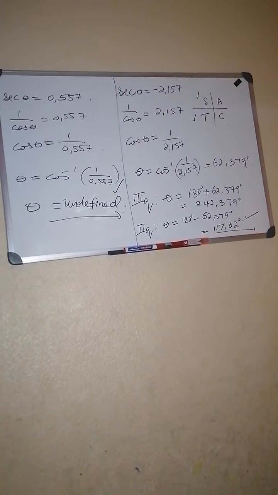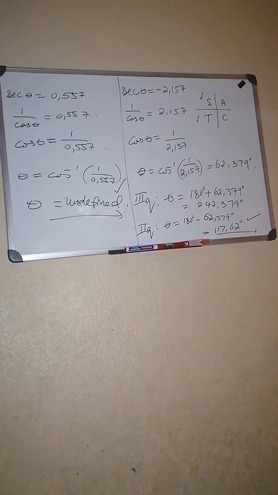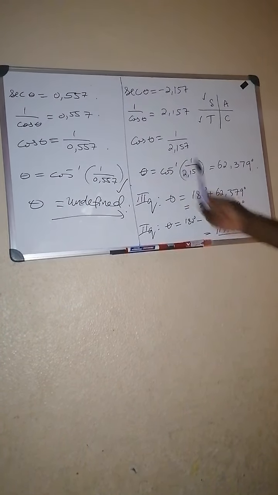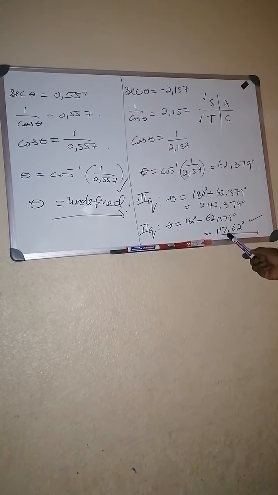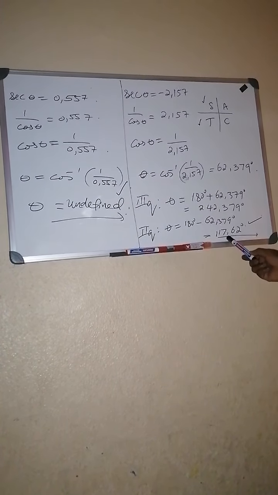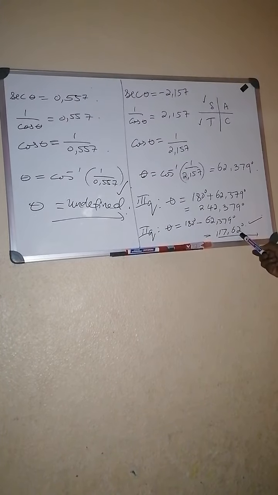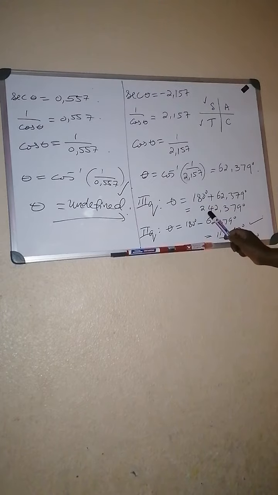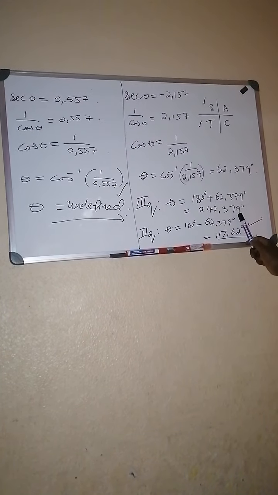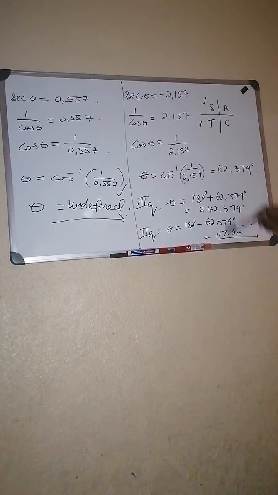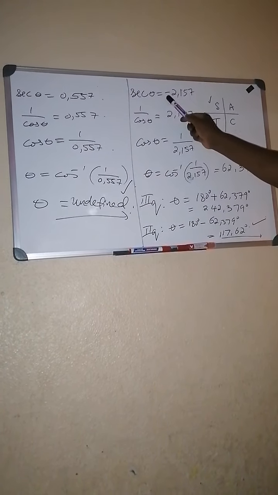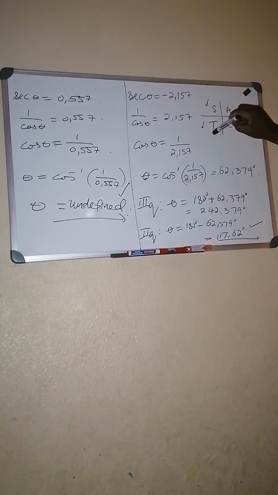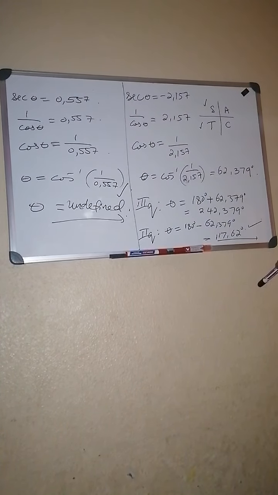What does this solution mean? This solution means that if I were to say the cos of 117.62, the answer would be the same as the cos of 242.379. But those answers must be negative. Why are they negative? Because in the second and in the third quadrants, cos is negative.